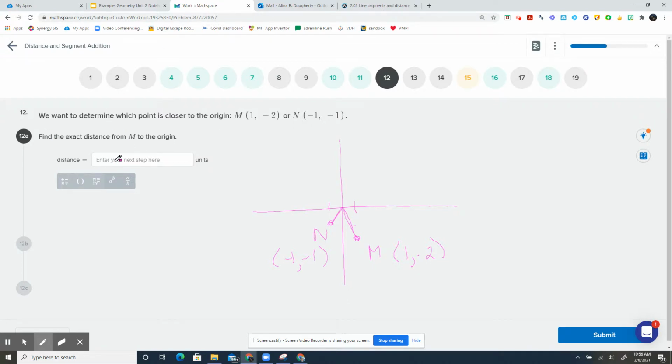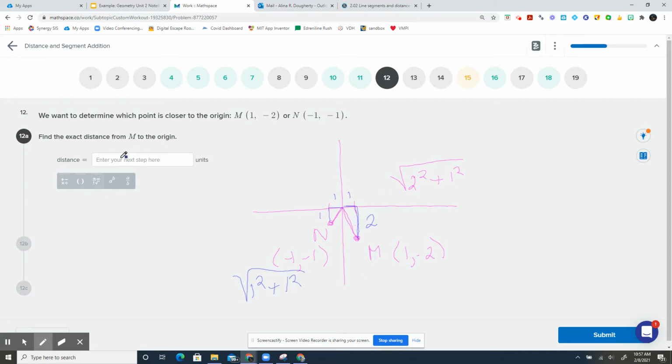So find the exact distance from M to the origin, and that's going to be 2 squared plus 1 squared, and then the square root. I did that by doing this triangle, right? So that's 2 and that's a 1. And then this one is going to be 1 and 1. So this distance is going to be 1 squared plus 1 squared and the square root.